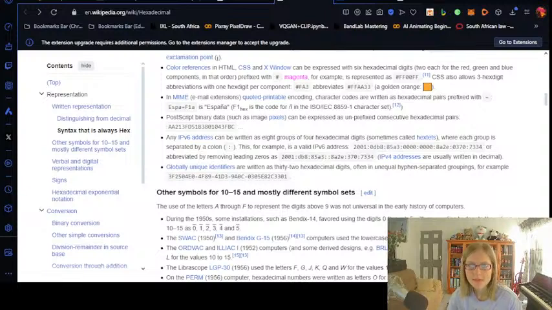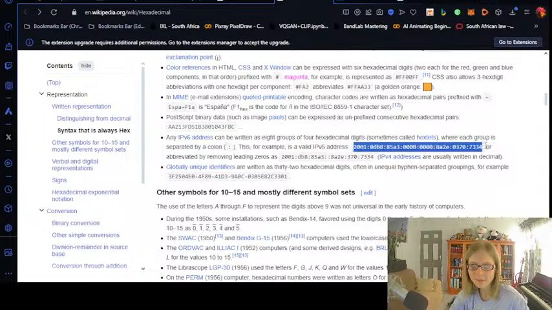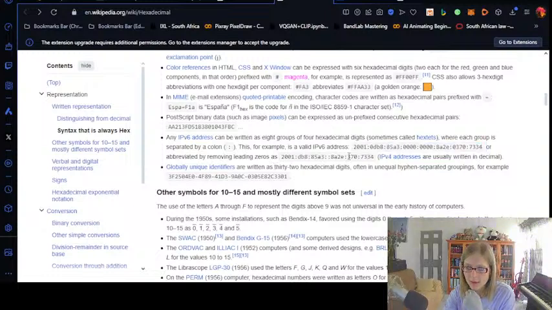This, for example, is a valid IPv6 address. So it's basically 8 groups of 4 hexadecimal digits. There we go. It can also be abbreviated by removing leading zeros. So there was a 0, but it's been removed.